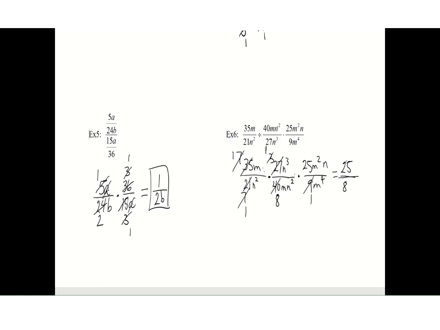Now let's look at the variable. Let's look at the m. In the numerator, remember, to multiply exponents, we add the powers. So we have m to the 1 times m squared. So we have m cubed in the numerator. And in the denominator, we have m times m to the fourth, which would give us m to the fifth in the denominator. So m to the third in the numerator and m to the fifth in the denominator.